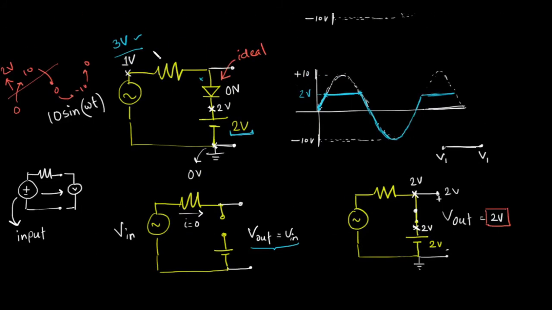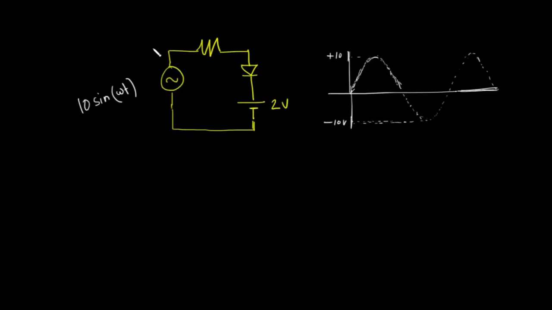Did I draw it correctly? Oh well, I drew the diode in exactly the same direction. I need to reverse the direction of the diode. Sorry for that. The diode direction will be like this. Okay, suppose my input is at 1 volt now.